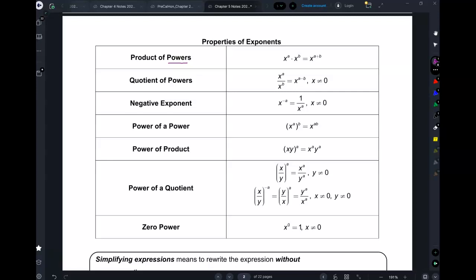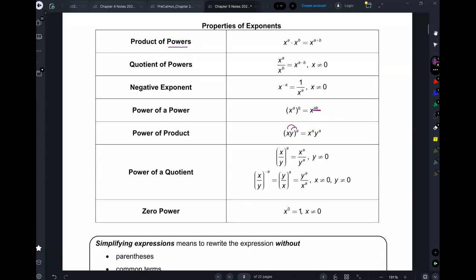If you have x to the power of a times b, you multiply the exponents. Something like this, it gets distributed, so everybody gets an exponent of a. And then if you have the power of a quotient, so if you have x over y to the power of a, everybody gets an a.